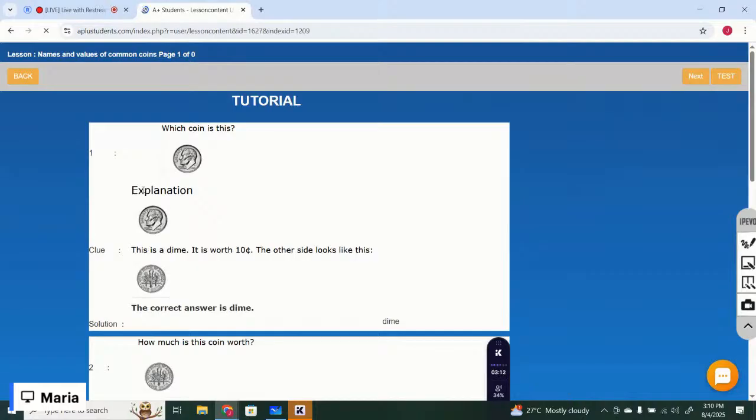Which coin is this? So this is a dime and it is worth 10 cents. The other sides look like this. So this is the dime, right?